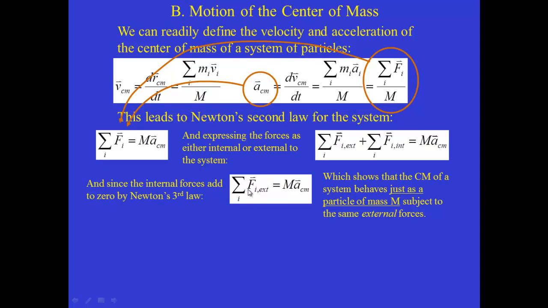And this is helpful in analyzing the motion of extended objects. For example, if I took a baseball bat and I threw it in the air, and that baseball bat was spinning as it was moving through the air, I could analyze the motion of that baseball bat by focusing on the center of mass.